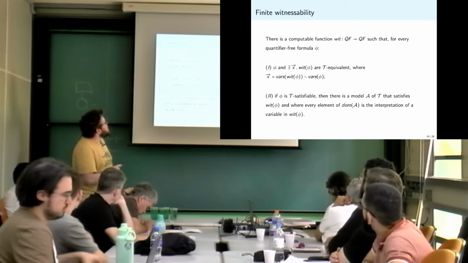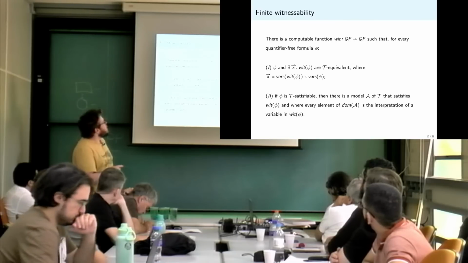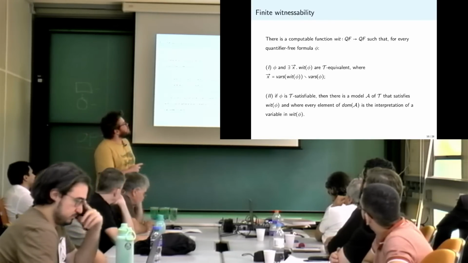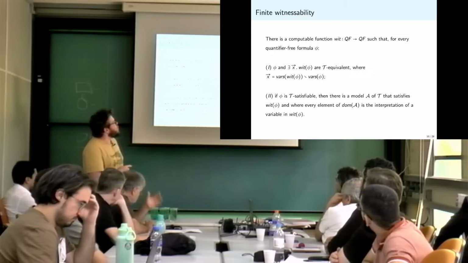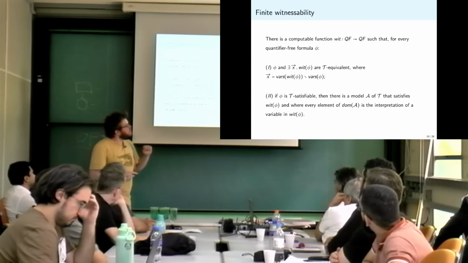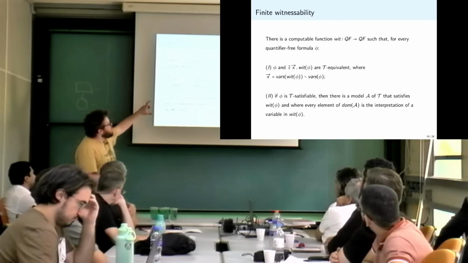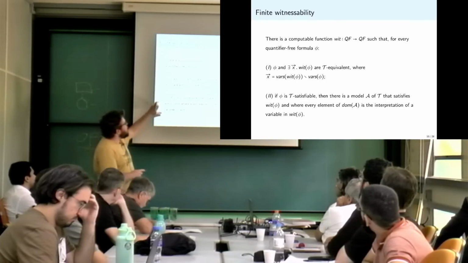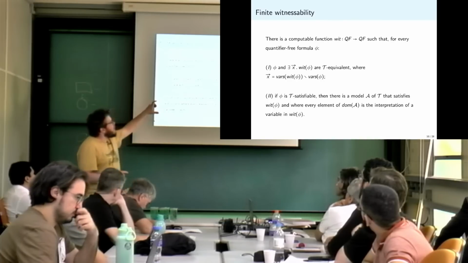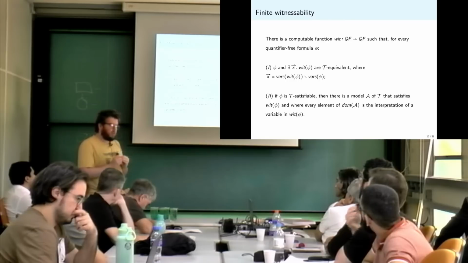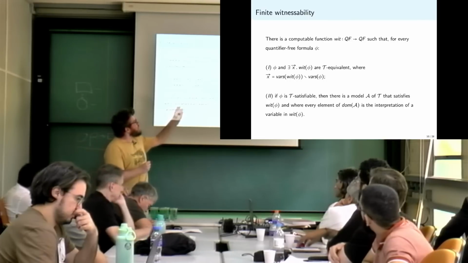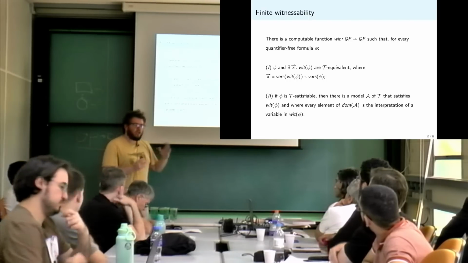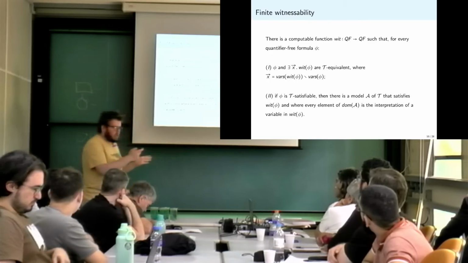And second, if the formula is actually satisfiable, then there is a model where every element corresponds to a variable in the witness. And this is very strong. And the idea, although the definition is so difficult, the idea is simple, that we are trying to get the smallest possible model. So, if you only have as many elements as you have variables, that's quite small.